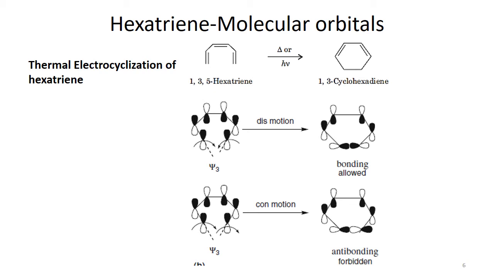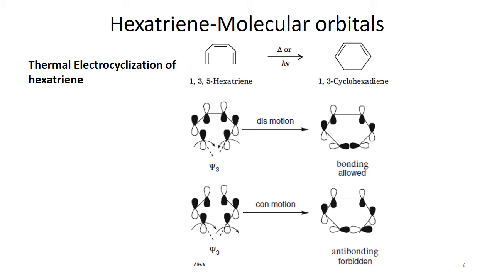So according to the molecular orbital approach, this disrotatory mode shall be allowed if the HOMO undergoes a reaction, as the bonding is allowed in this case. But for psi3 to undergo conrotatory motion, an anti-bonding orbital is formed.